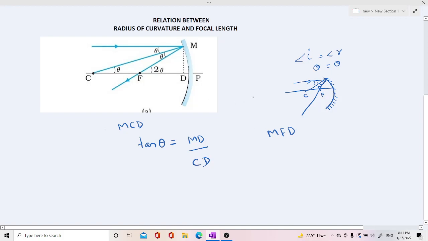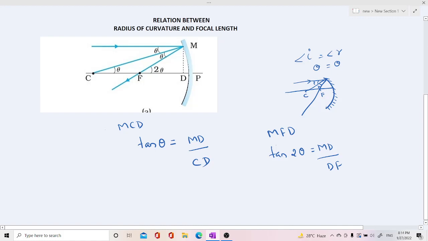In this triangle MFD, you can see tan 2 theta is MD divided by DF. Tan theta is equal to MD divided by CD, and tan 2 theta is equal to MD divided by DF. Again, consider these rays as paraxial rays, which means the light ray is very close to the principal axis.